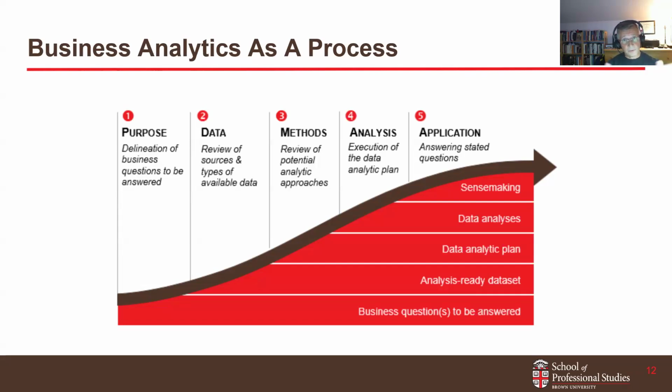So you have to assess what you have to work with. Then step number 3 is you have to look at what might be the appropriate methods. Of course, the appropriate methods are a function of what data you have to work with, number 2, and what is the goal that you're after, what is the question you're trying to answer, number 1, right?